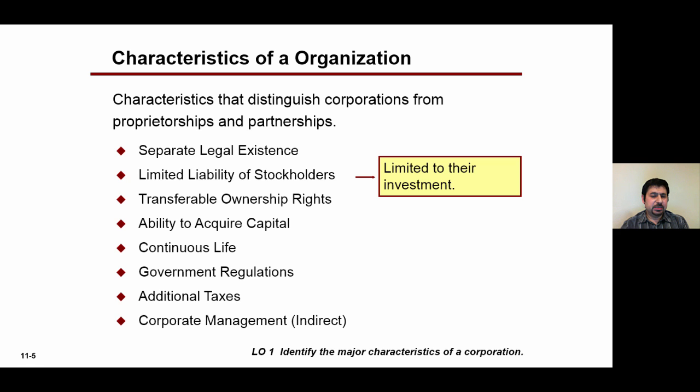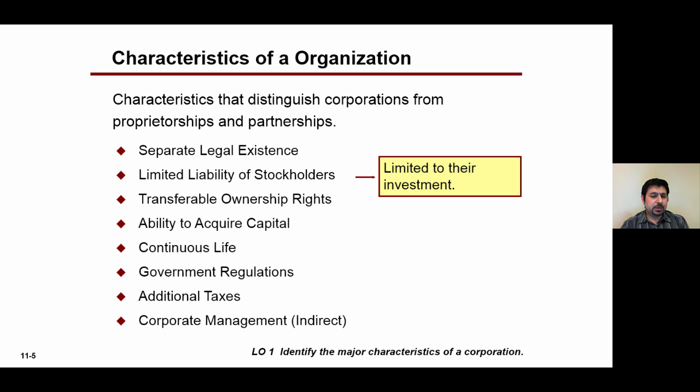If the business goes bankrupt, the creditors will have a claim against the personal assets of the owners of that business. Whereas with corporations, the liability of the shareholders is limited to their investment in that company. Basically, what they will lose is their investment in the company, which was in the form of paid-in capital.